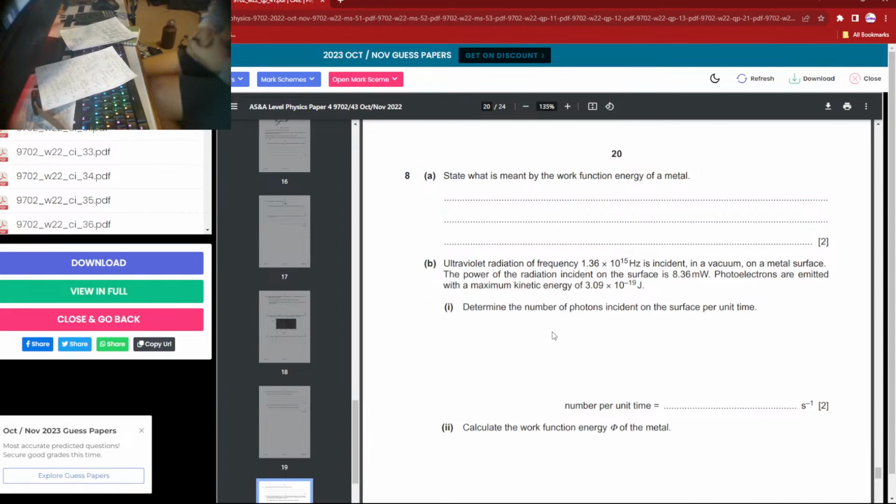Next one, 8A. State what is meant by the work function energy of a metal. So it's the amount of energy required for one electron to be emitted from the metal.